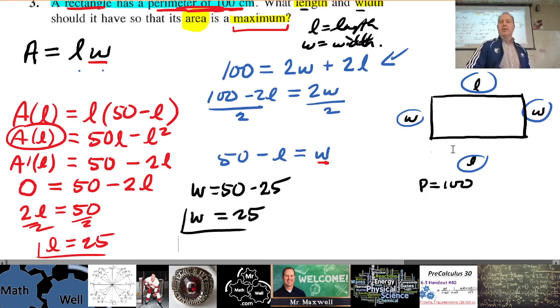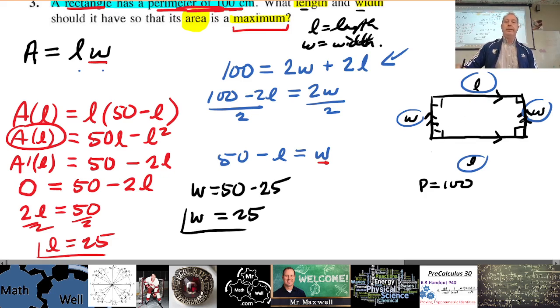So a rectangle could have all equal sides, right? A square is actually a rectangle as well. So all squares are also rectangles, because the definition of a rectangle is that opposite sides are parallel, and each corner is a 90-degree angle. So that's what makes a rectangle, and squares are rectangles as well.